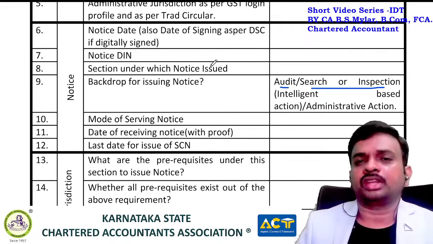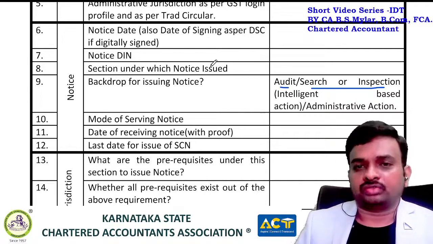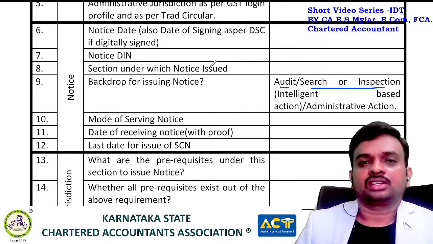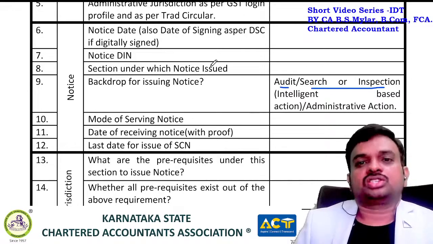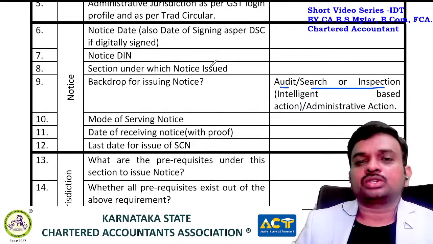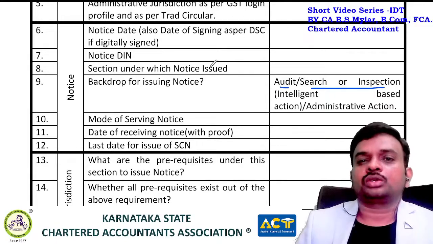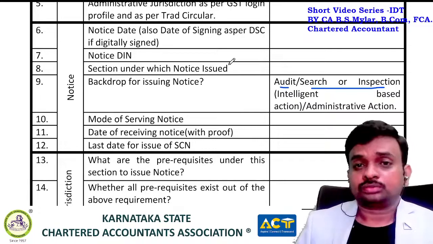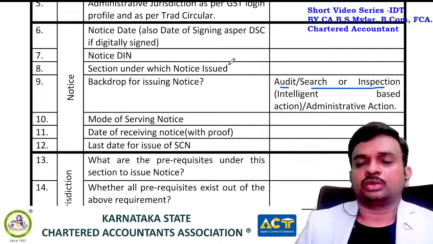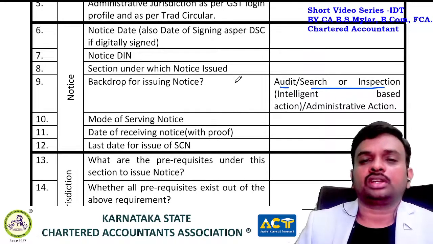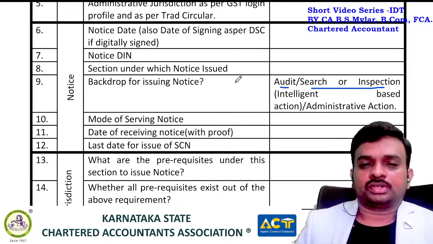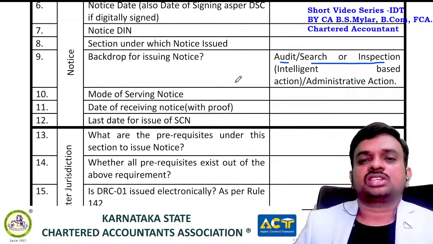For example, if they're issuing a notice under section 74, fraud, misstatement or suppression of fact, it is essential. If that is lacking, they can't issue a show cause notice under 74, they have to go for 73. Similarly, to issue a show cause notice after an order under section 62, they should have issued a notice under GSTR 3A. So these are very important prerequisites for any person to see under which section the notice is issued.